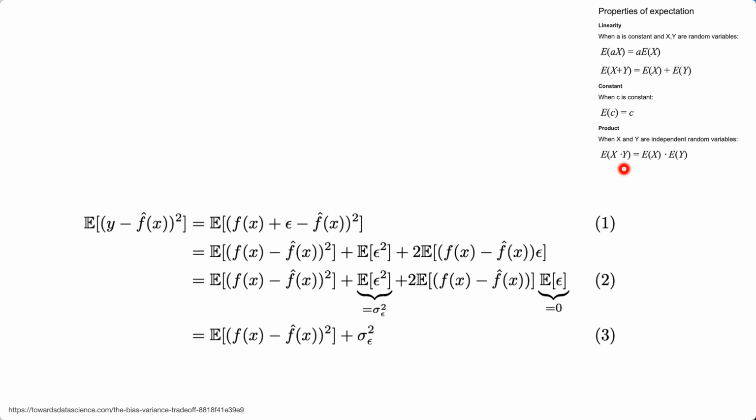However, the product of random variables, if they are independent, means that you have E[x] times E[y], but only for the case where x and y are statistically independent. Okay, just that reminder can help us understand how the derivation of the bias variance trade-off works.